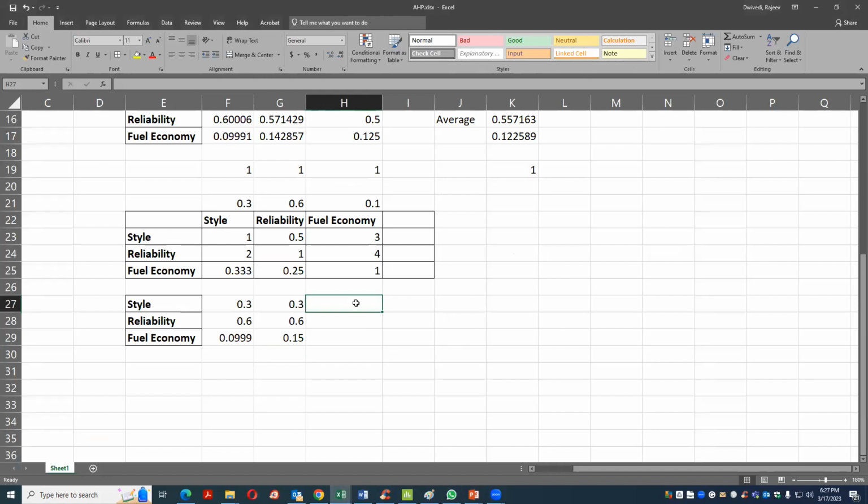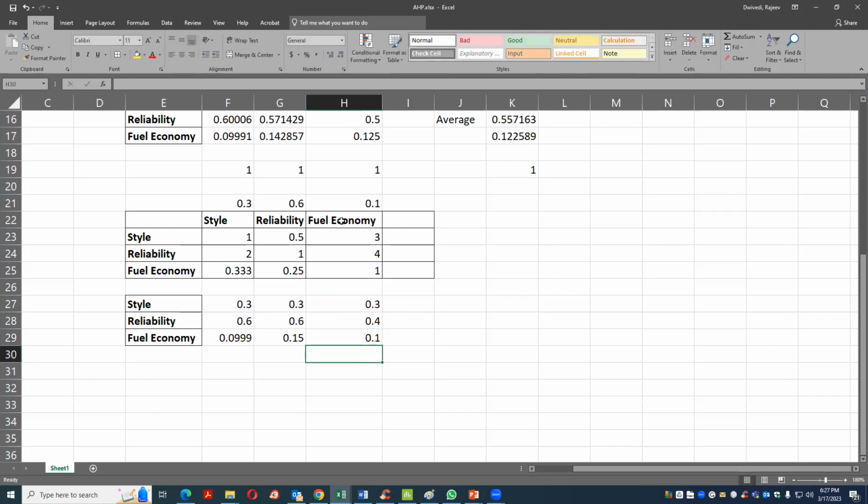Now third time, 3, 4 multiplied with. And if you make a macro, it is very easy in Excel.